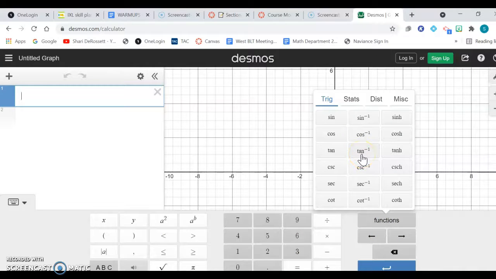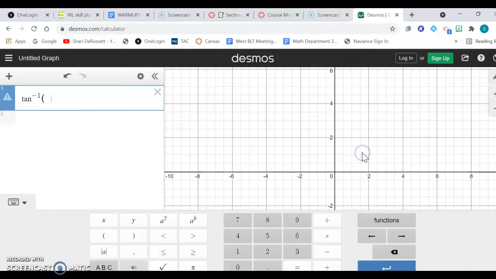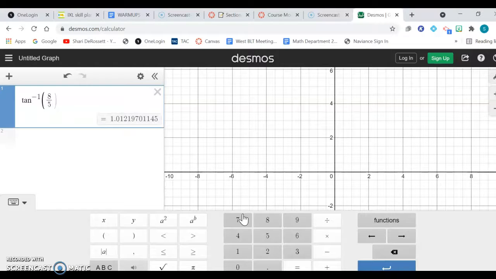Now I'm going to show you that we're going to get the wrong answer, and then I'm going to explain why. If I hit tan inverse of 8 and then use the divided by key, you can use divided by just on your keyboard, that forward slash, and we get this answer. That answer is not right because that's the answer in what we call radians.